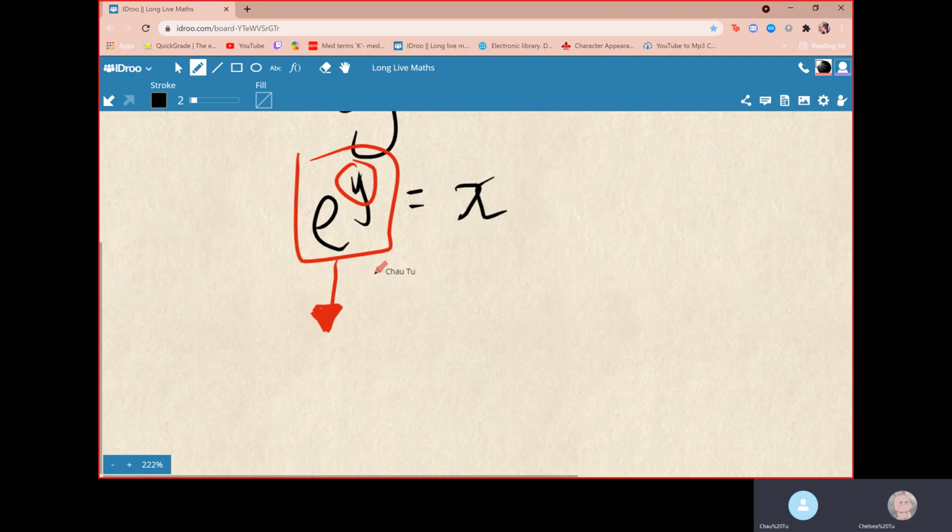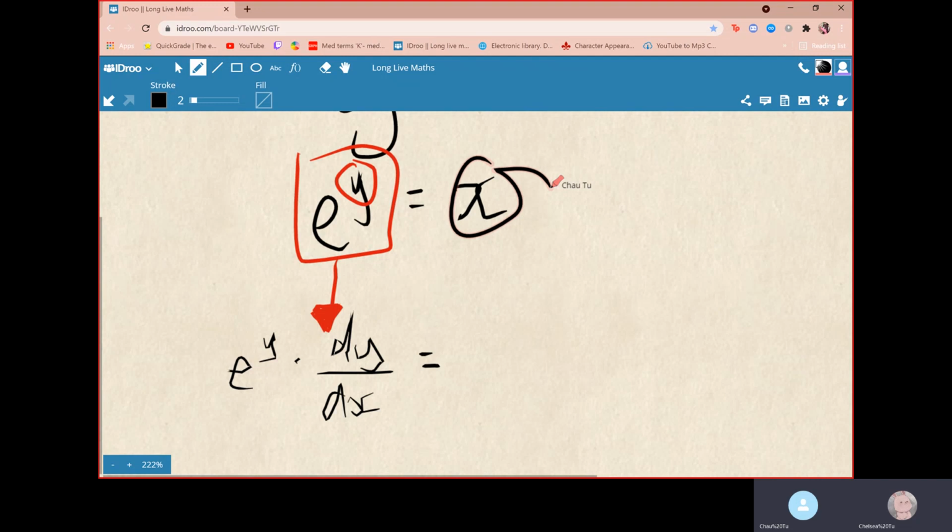Differentiate e to the power of y. Okay, so from here, you differentiate it. Then that would be e to the power of y times dy/dx. And how do you differentiate the right-hand side? It would just be 1. Yeah, 1. Now your job is to get dy/dx on its own.